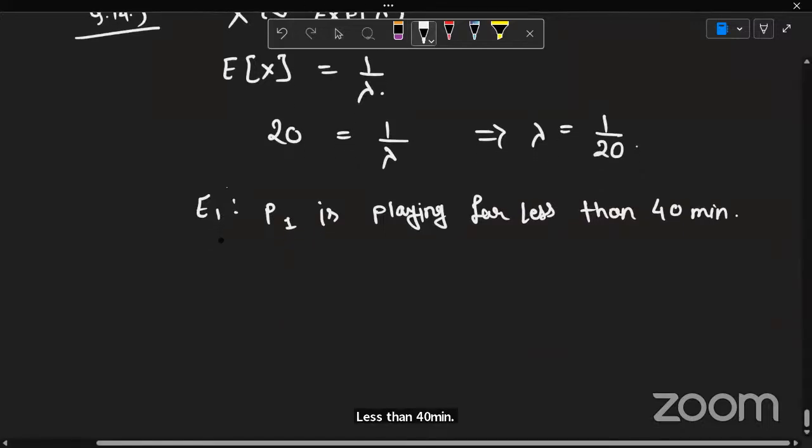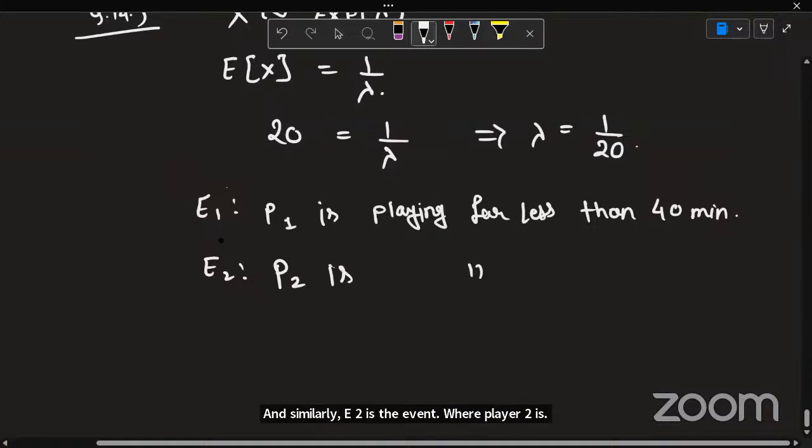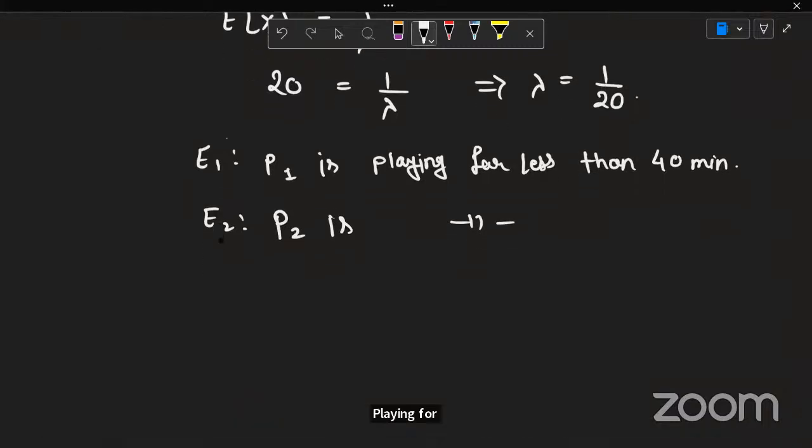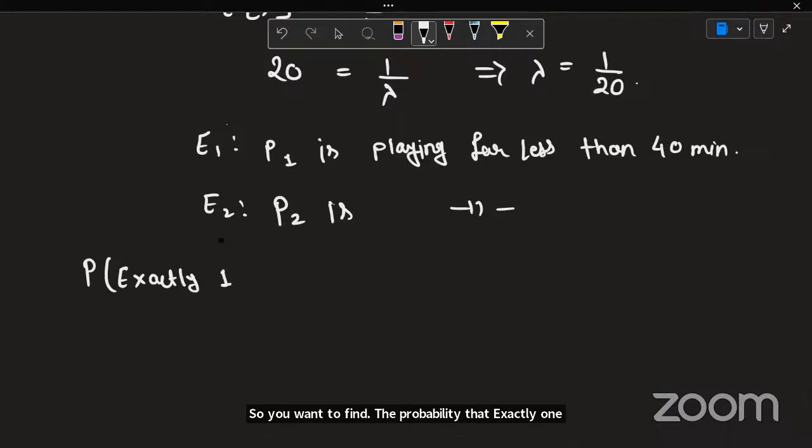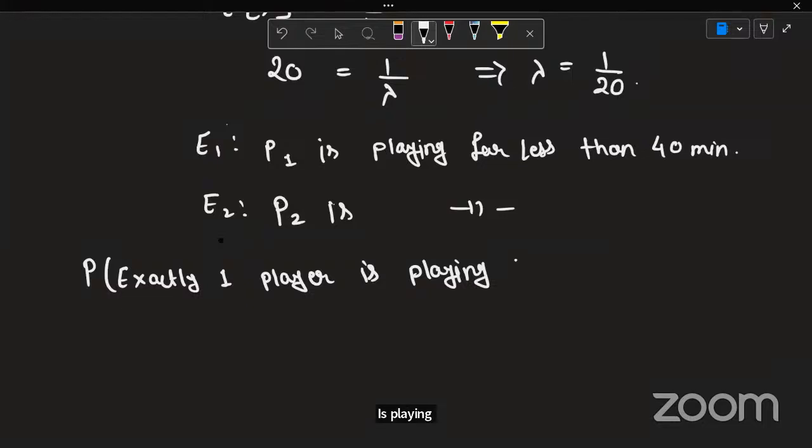And similarly, E2 is the event where player 2 is playing for less than 40 minutes. Fine. So you want to find the probability that exactly one player is playing for less than 40 minutes.